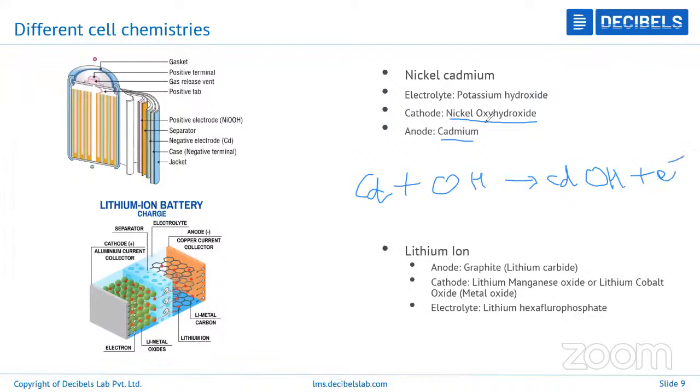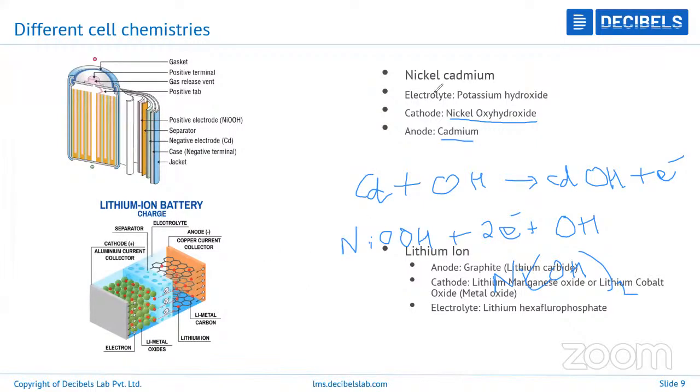And at your cathode, it will be nickel oxyhydroxide combining with the electron and another hydroxide ion to form nickel dihydroxide. So basically, this is how your reaction would occur. This is pretty similar to what you would see in a nickel metal hydride cell as well.